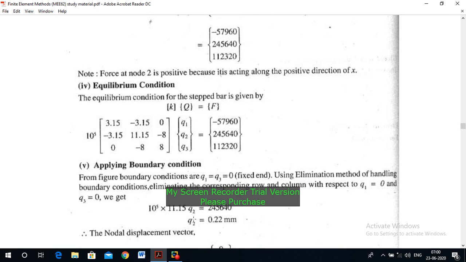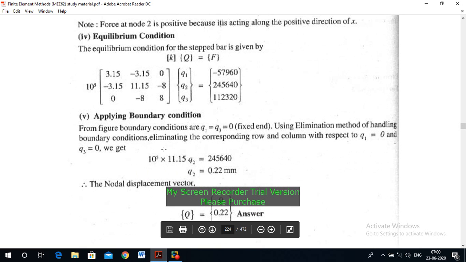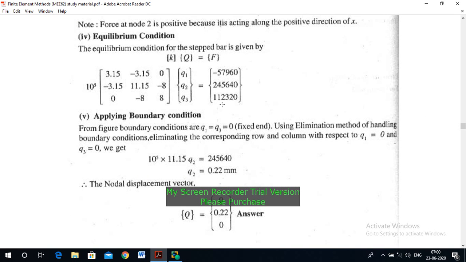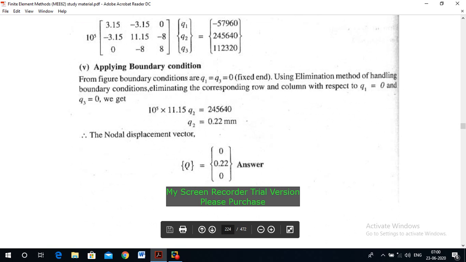Using elimination method for handling boundary condition, eliminating the corresponding row and column, therefore eliminating first row, first column, and third row, third column, the remaining value I will get Q2 into 11.15 into 10 power 5 equal to 2,25,640, and after simplifying this equation, Q2 is equal to 0.22 mm, and therefore the nodal displacement vector Q is equal to 0, 0.22, and 0.